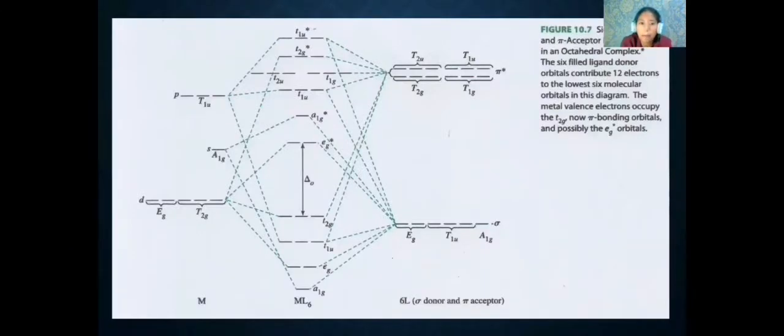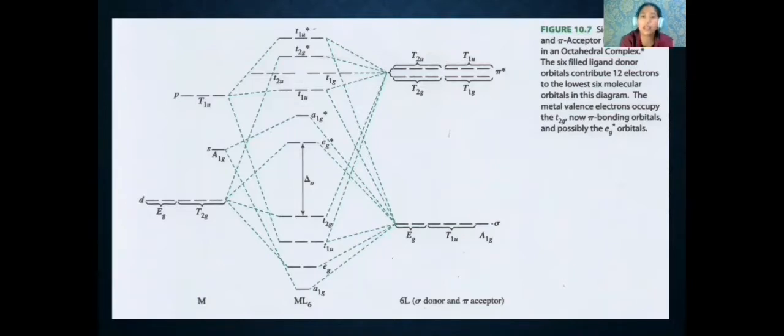All right. So in the diagram, we have here the sigma bonding and the pi bonding. Okay. So sigma donor and pi acceptor interactions in an octahedral complex. So that is the diagram.